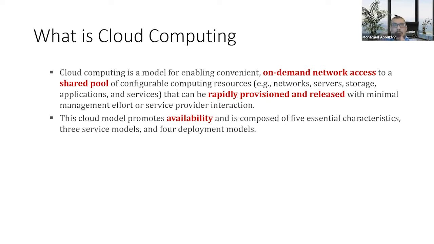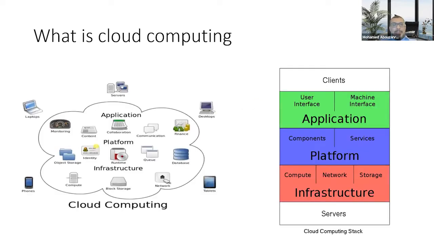They are not dedicated to you. They are distributed among many customers, okay? Third, the resources can be rapidly created or provisioned, and then they can be rapidly released, okay? And the fourth thing is availability must be guaranteed by the provider you are working with, okay?